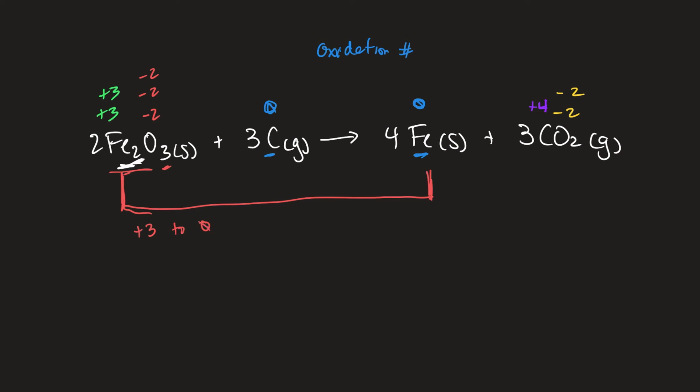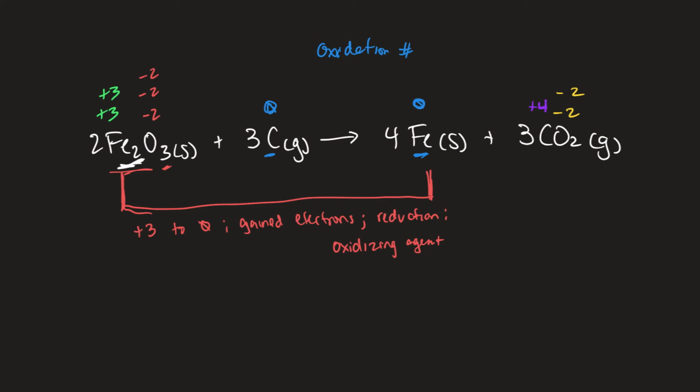So what does that mean? In this case, that means it gained electrons, all right, because the number became more negative. If it gained electrons, it underwent a reduction, all right. Iron has been reduced, and this means that iron is the oxidizing agent. Okay.